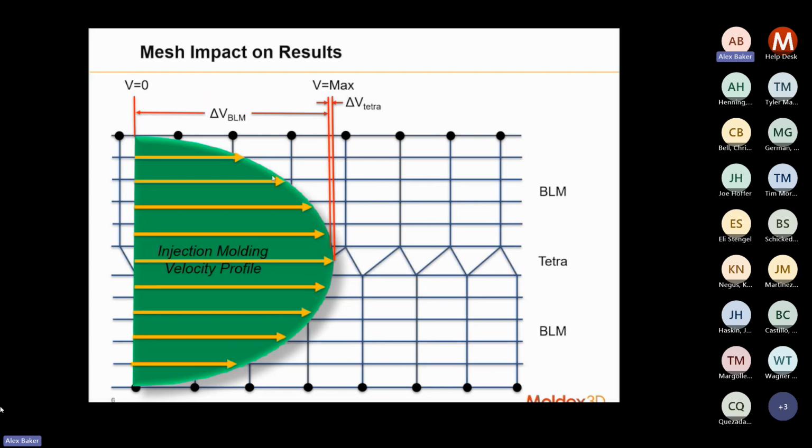Each of these layers in the boundary layer mesh are quite large in the amount of gradient, as we call it, or the amount of change in information that's being calculated. And this makes the boundary layer much more important. I shouldn't say important, much more useful in bringing forth the resolution of results that we need to be able to get accuracy from our analysis.